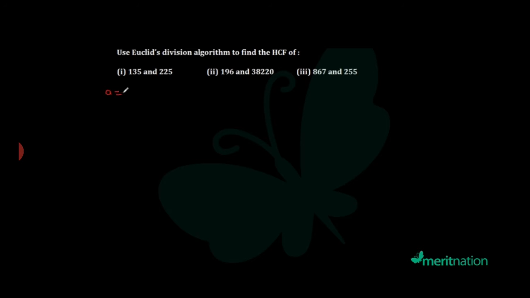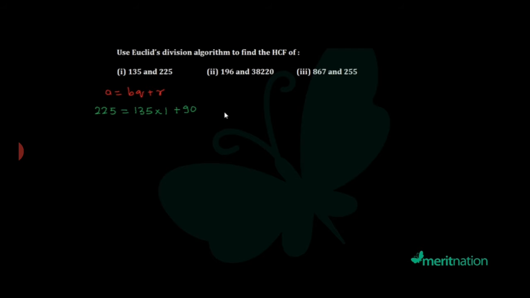So this is the algorithm. Now, which number is bigger? Of course, 225. So 225 is our dividend. If one divides 225 by 135, what is the quotient? It will take away 225 one time, and the remainder that you will get would be 90. Check that.